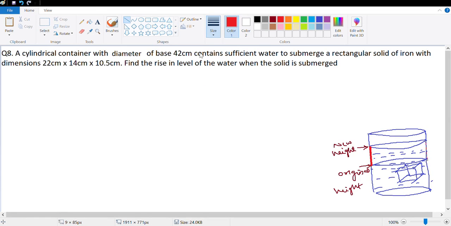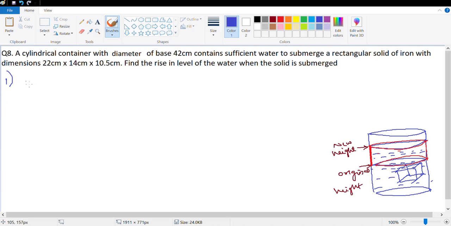Now why am I highlighting this again and again? I am highlighting this because the increase in volume will be equal to the volume of the submerged solid, and this shape now is in the form of a cylinder, and we can find the height from the volume of the cylinder. So let's just write this down.